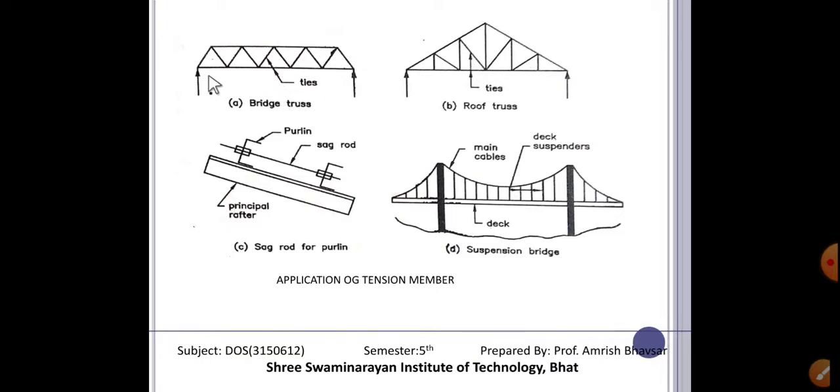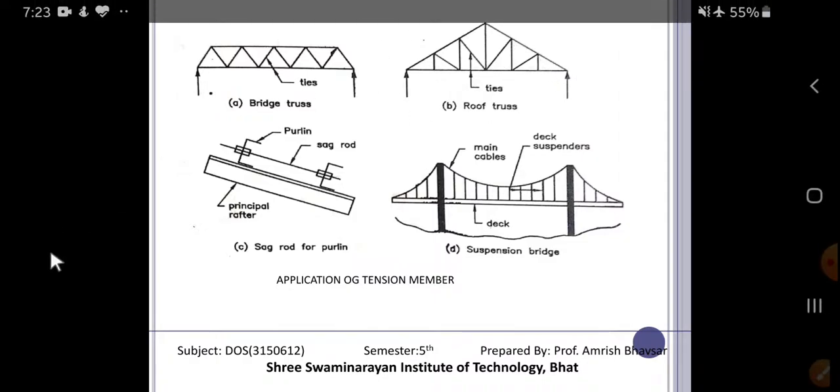Here this is a truss, and in truss all the joints are pin joints. So there is no bending in any member, only the members are in tension as well as in compression. This is our ties, truss ties. Again the same thing, it is in tension or it is in compression.